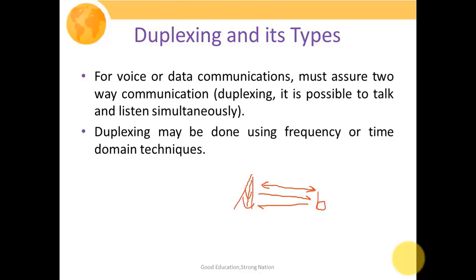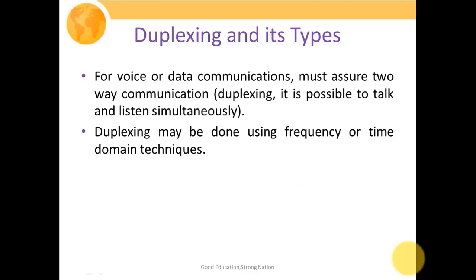In our mobile communication scenario, users demand simultaneous transmission as well as reception of the signal. So this full duplex mode would be implemented with the help of duplexers, and those duplexers are implemented with the help of two techniques, that is FDD and TDD.